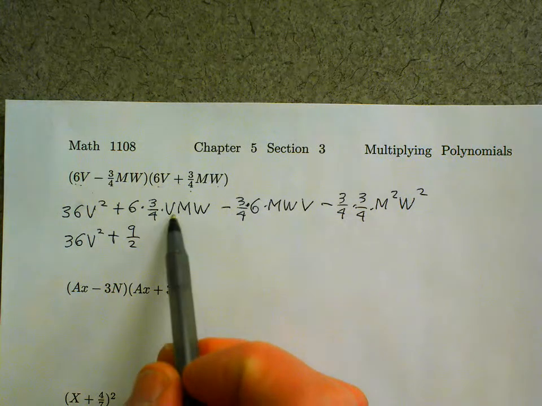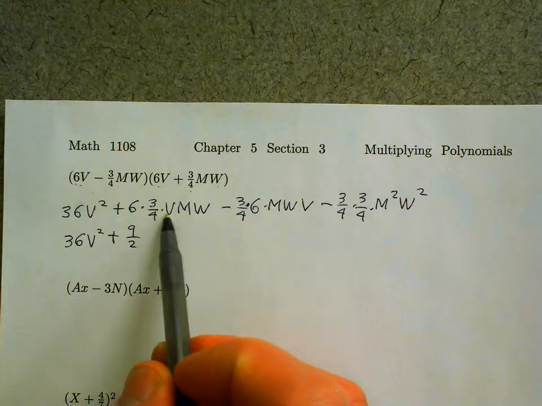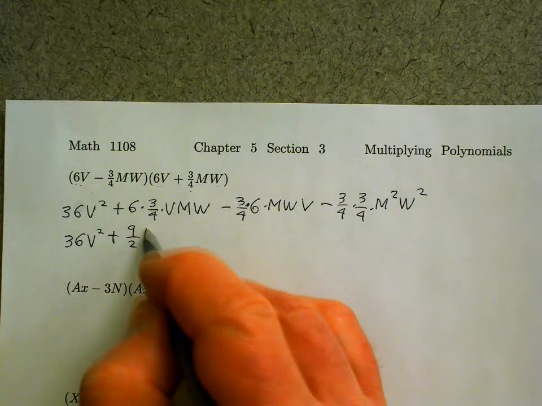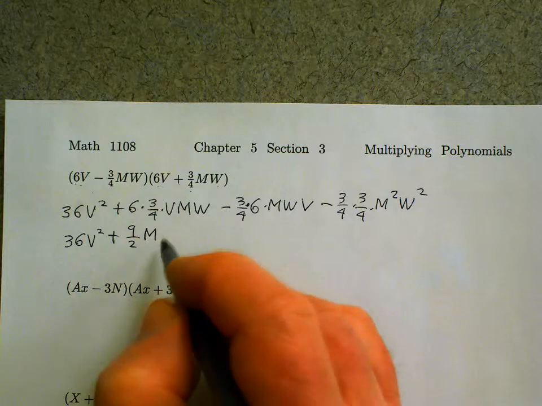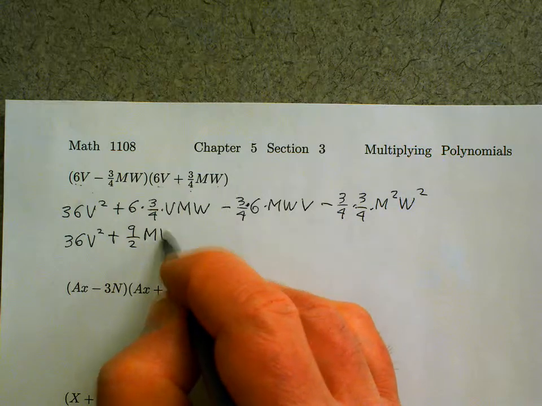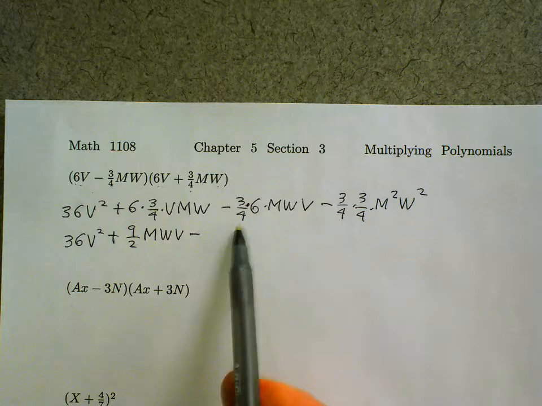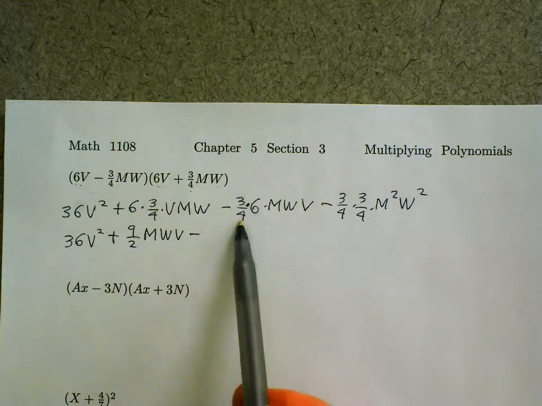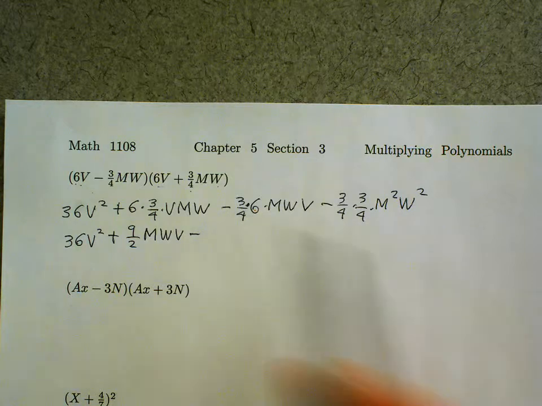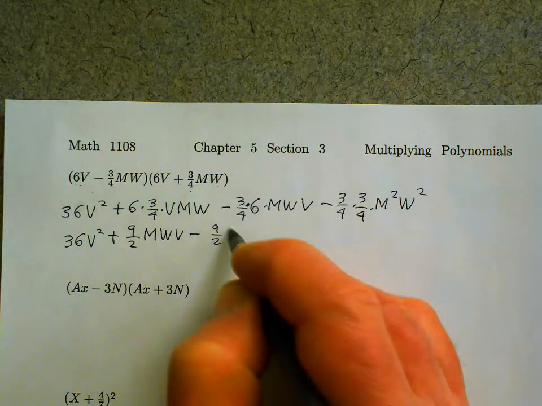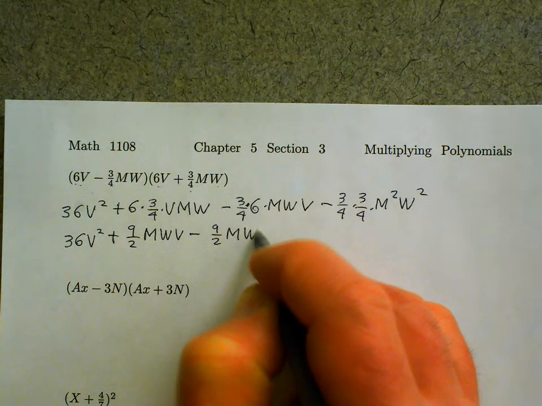I'm going to rearrange the variable factors, and write it as plus 9/2 times mwb. And then minus 3/4 times 6, minus 18 over 4, or minus 9/2 times mwb.